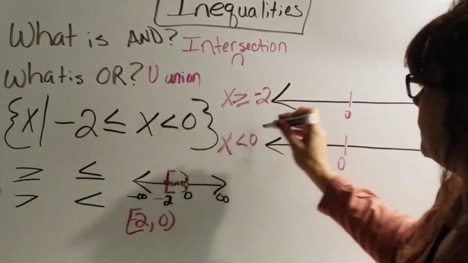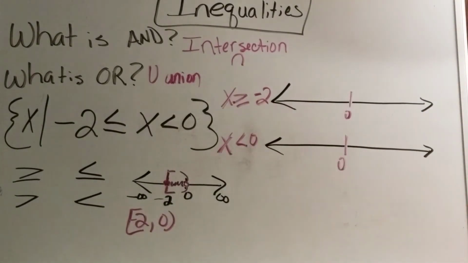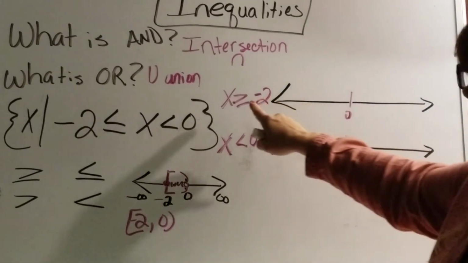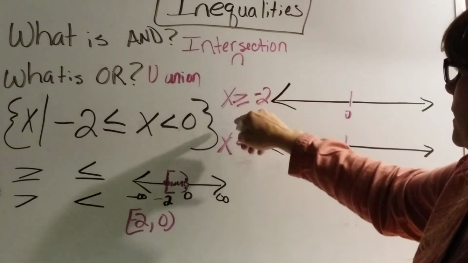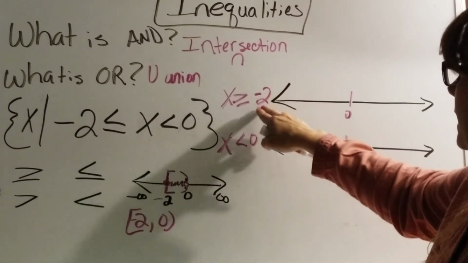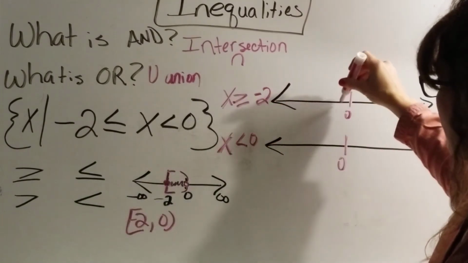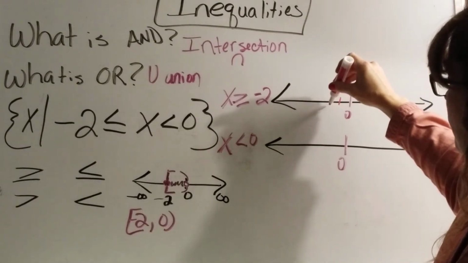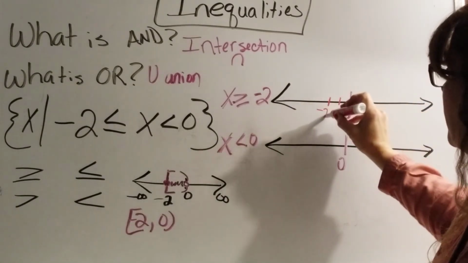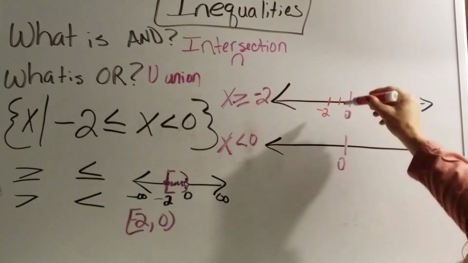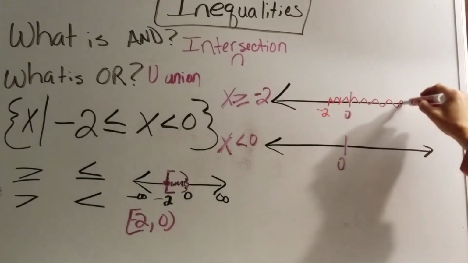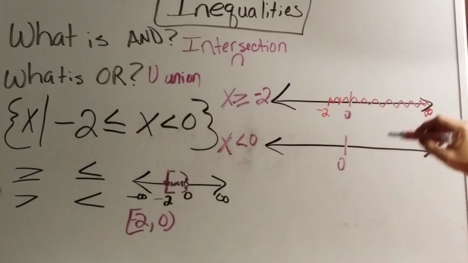less than 0. So now that I have this, let's shade this in. Here we go. This said x is greater than or equal to -2. So negative 2 would be right here. x is greater than, that means x is going to go off in this direction, off to infinity.